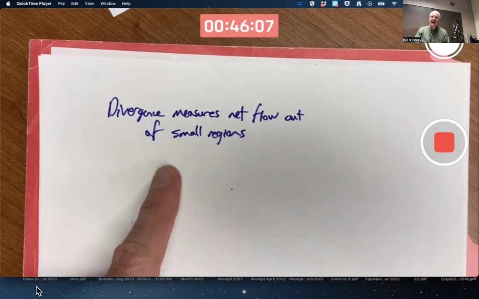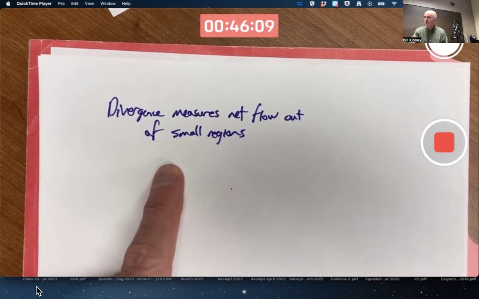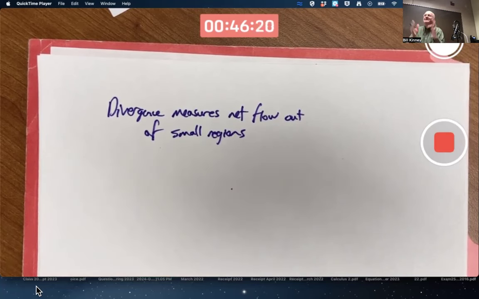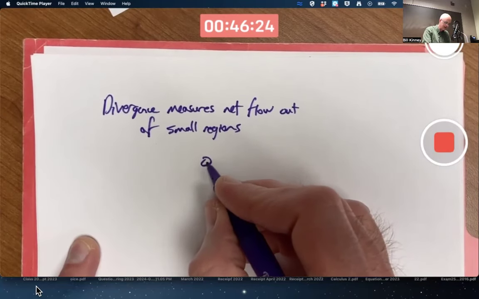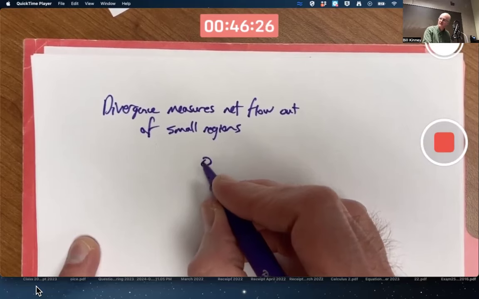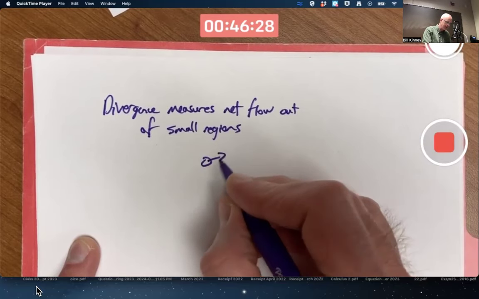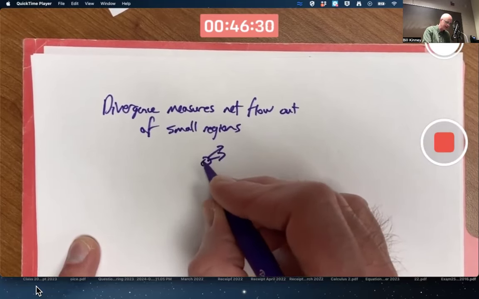If you evaluate the value of the divergence, which is a scalar quantity, whether the vector field's two-dimensional or three-dimensional, you're going to get a number. Could be positive, could be negative, could be zero. If it's positive, then there's a net flow out of a small region. Take a small region like a circle in 2 dimensions or a sphere in 3 dimensions, and think about the vectors in the vector field near that small region.